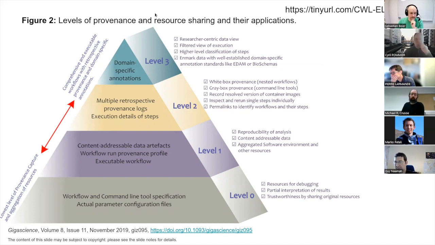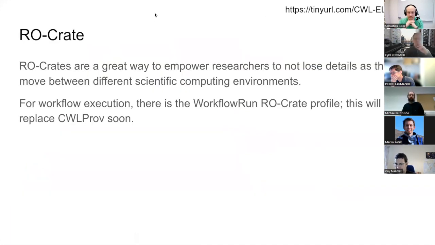Sure. So the WorkflowRun profile being developed for RO-Crate is for any workflow system. So any workflow system could choose to express what they've done there. And I'm so sorry for not having the link. I will put that in here maybe when the talk is done, where you can see the vocabularies used.